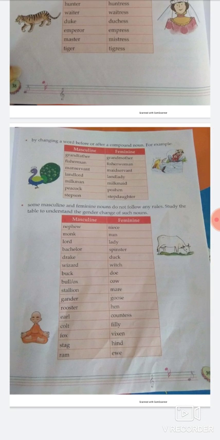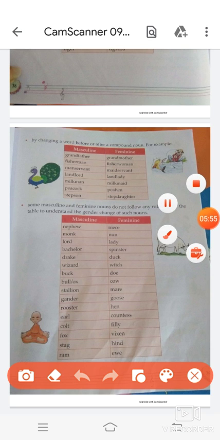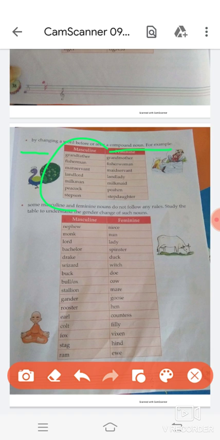Now come to another rule to change masculine gender into feminine gender: by changing a word before or after a compound noun. So compound nouns are given and we have to make the feminine gender of these masculine gender.